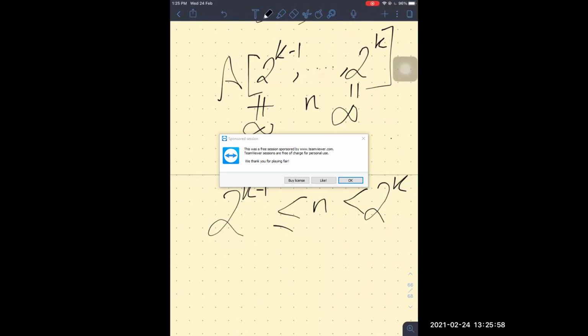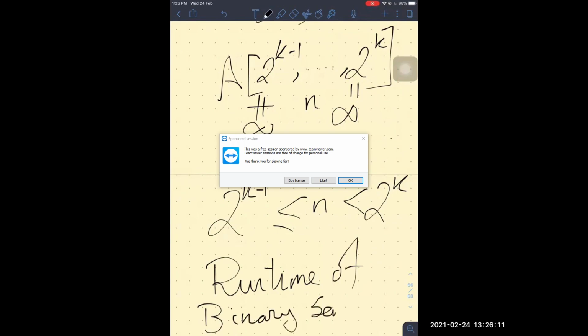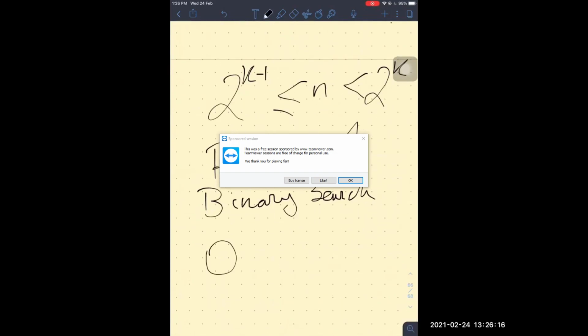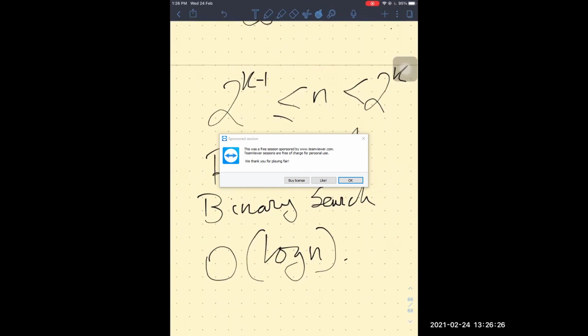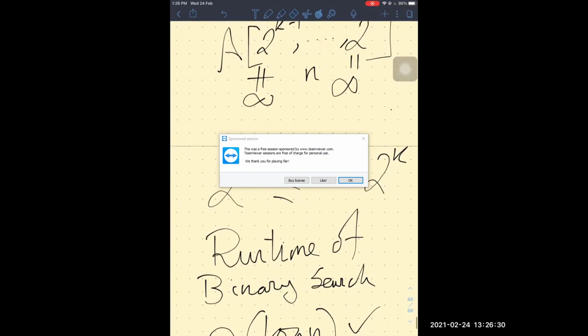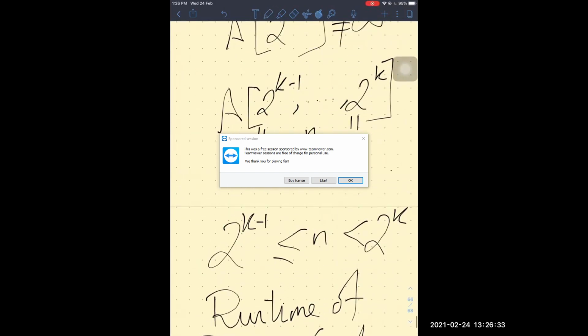And as the runtime of binary search is big O of log n, the runtime of this algorithm will also be big O of log n in the worst case. It will be actually less than that. As there are, yeah, go ahead.